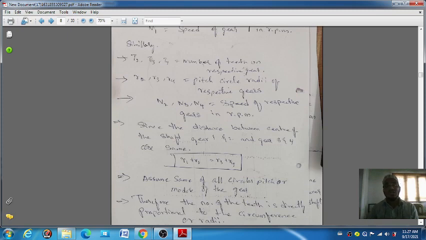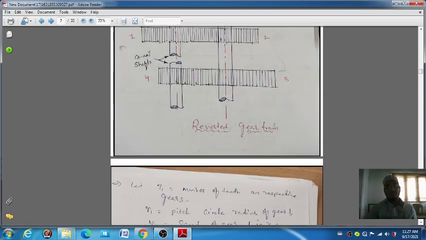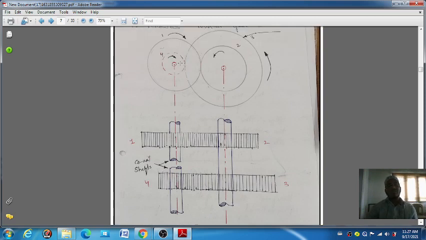Since the distance between the centers of the shafts from the first gear to the second gear and from the third gear to the fourth gear, gear 1 to 2 and 3 to 4, are the same, you can see here that the distance between the centers of the shafts, 1 to 3 and 2 to 4, are the same.